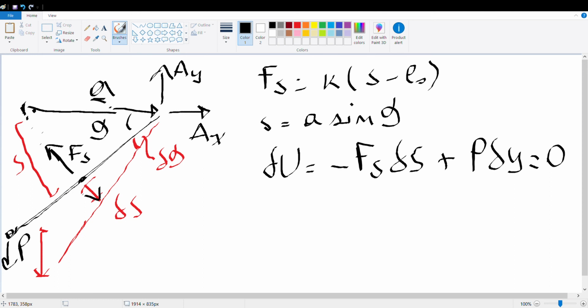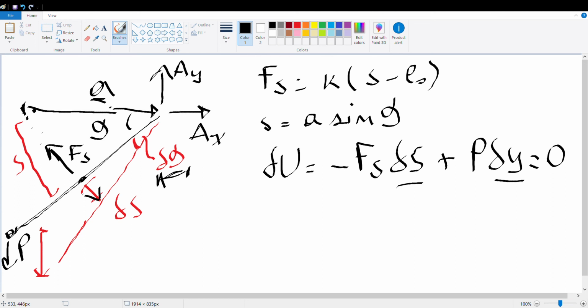So in order to solve this equation, the next step, and the critical step, is to express delta S and delta Y as a function of delta theta, my displacement.